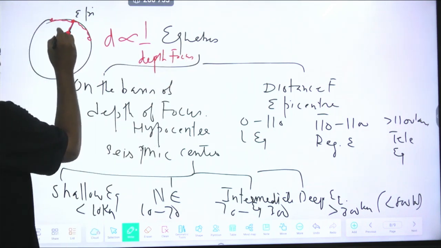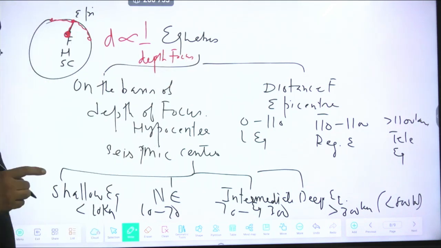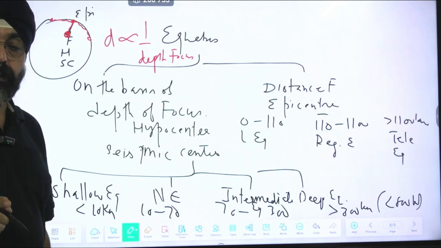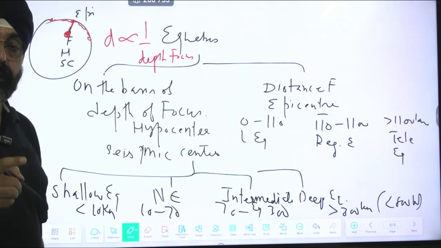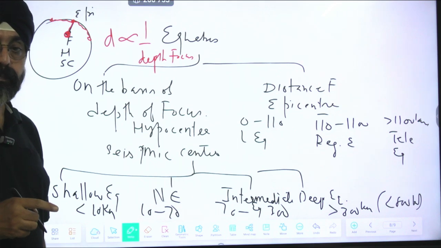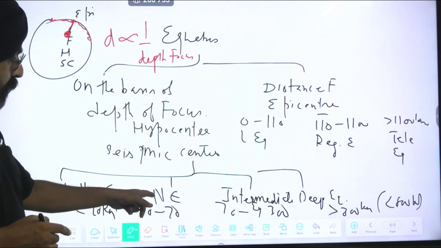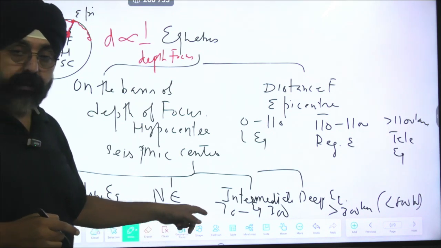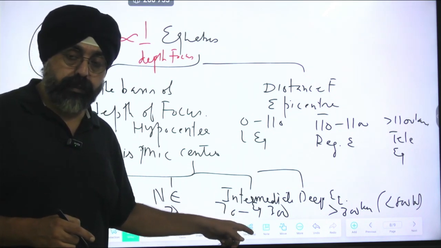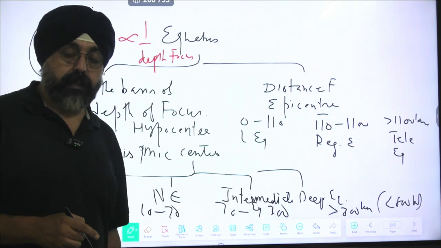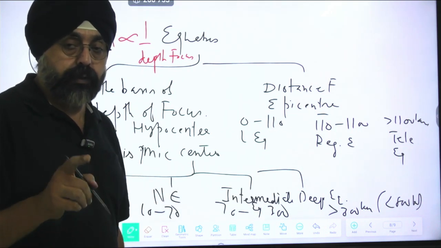The deeper it is, the less destruction; more depth, less destruction. Shallowness of the focus, more destruction. Okay, normal earthquake 10 to 70, intermediate earthquakes 70 to 300, and then 300 to 800 kilometers are the deep earthquakes. The deeper the earthquake, the less the destruction.